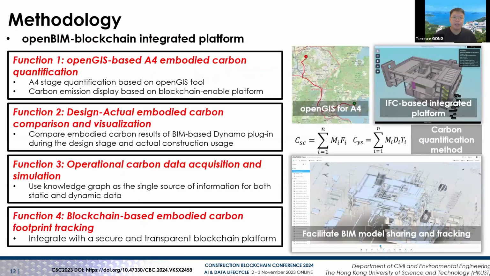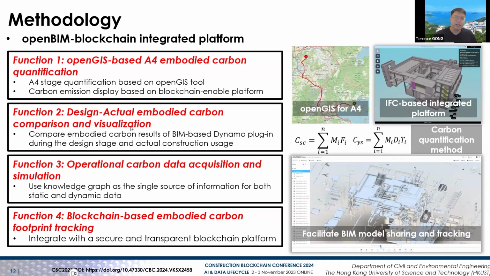The last part is the OpenBIM and blockchain integrated platform, which has four different functions. The first is OpenGIS A4 stage embodied carbon quantification, where the A4 stage is mainly the transportation of construction materials, so we use OpenGIS to automatically get that data.